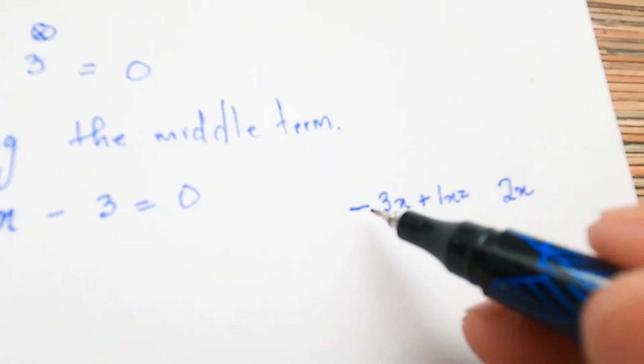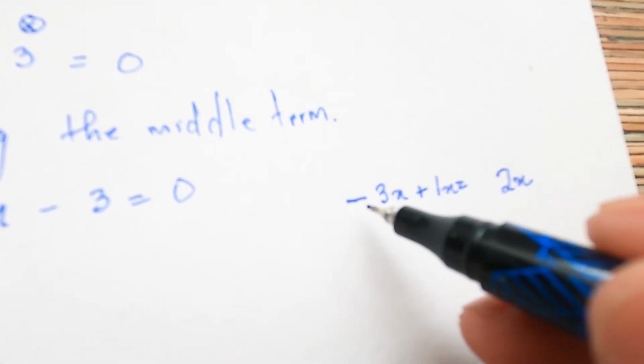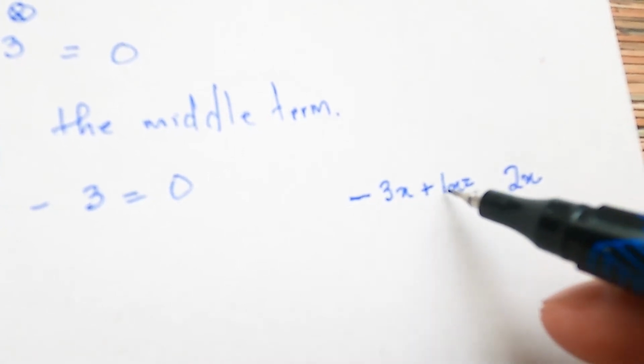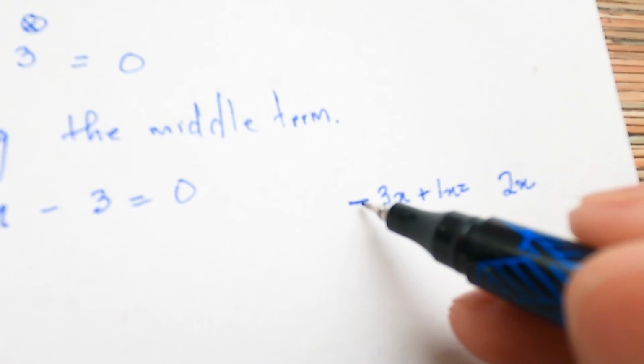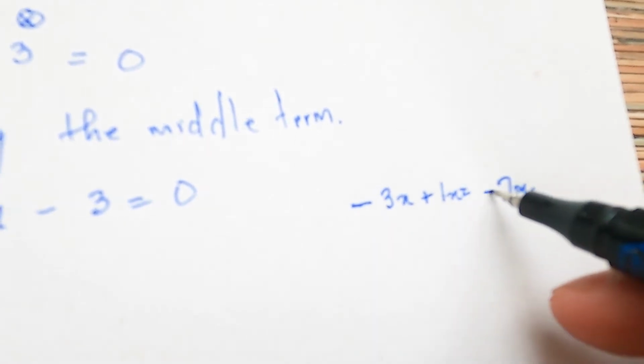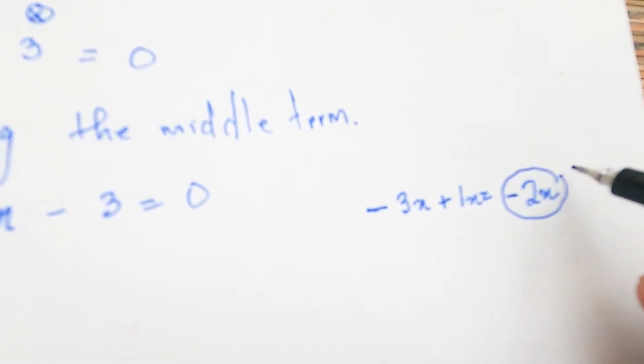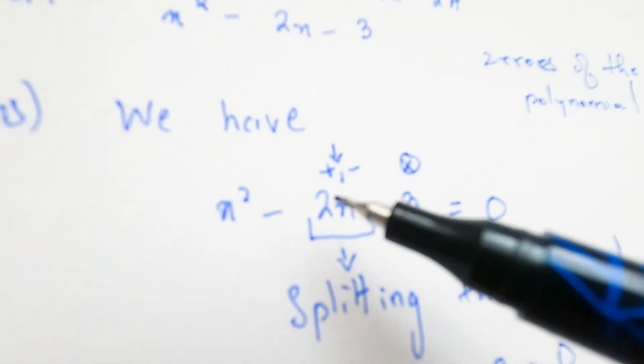And in this case, which is bigger, 3 or 1? 3 is bigger, so the operation sign will be minus. Alright, see, it is minus 2x. I am getting the same original number.